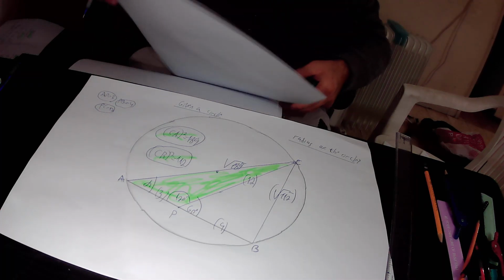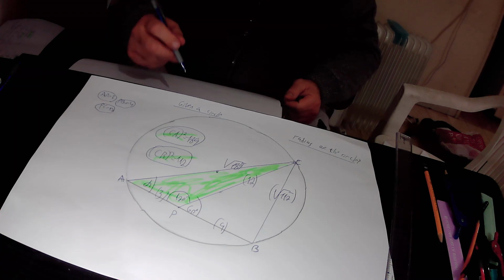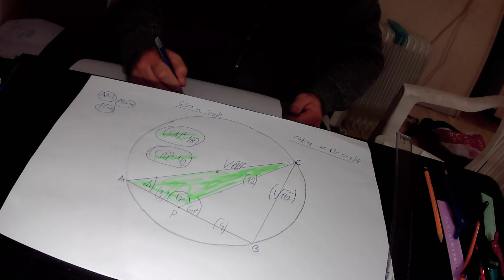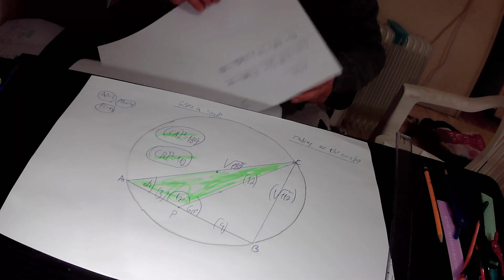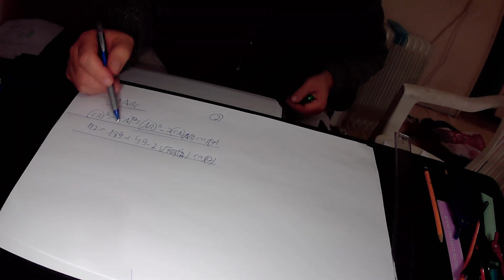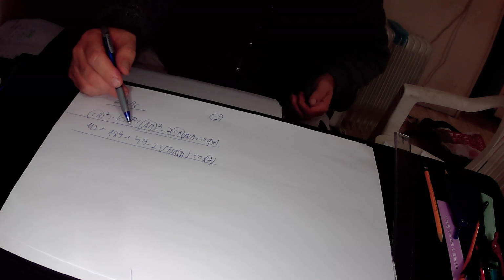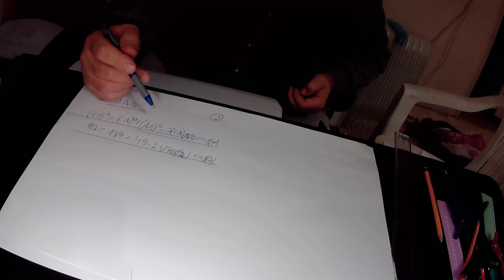AB is 7. So in total, we found out that 112 equals 189 plus 49 minus 2 times 7 times the square root of 189 times cosine alpha.